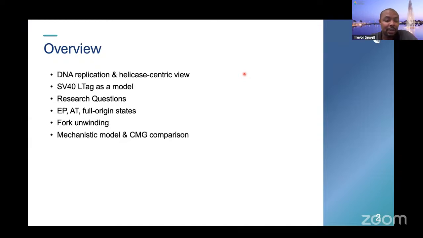And then I would go ahead to introduce the set of questions we set to answer and how we were able to show how this helicase can unwind full origin, and also the mechanism we propose for general origin unwinding in SV40 virus and also in eukaryotic helicases such as the human CMG.